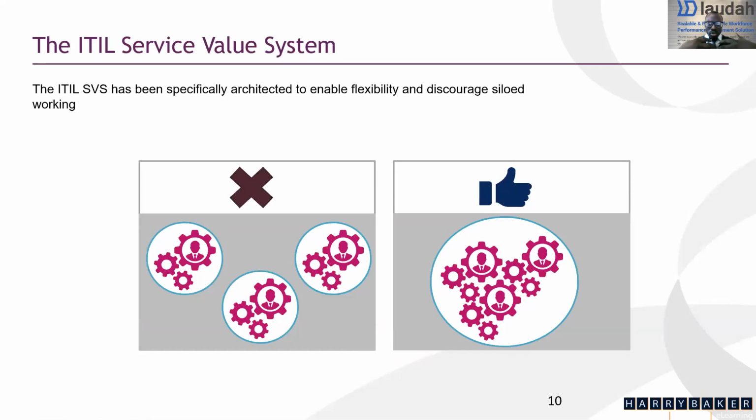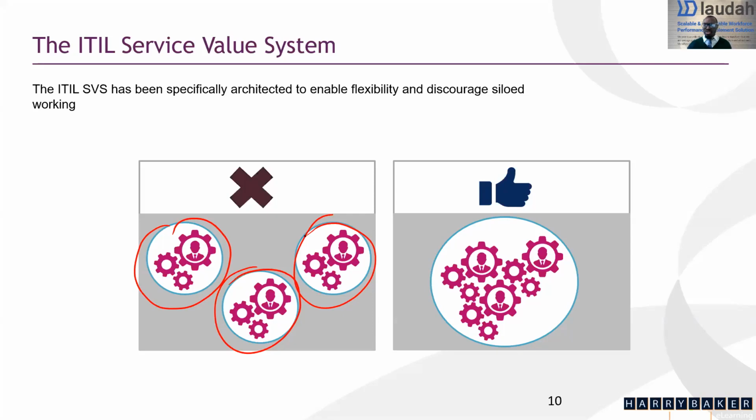Now, we discovered what was wrong with ITIL version 3, not really wrong, but the way people saw it. It gave people a silo working mindset, that service operation is different from service design, or service design is different from service transition. So people see themselves or organize themselves around those life cycle phases, as we call them.